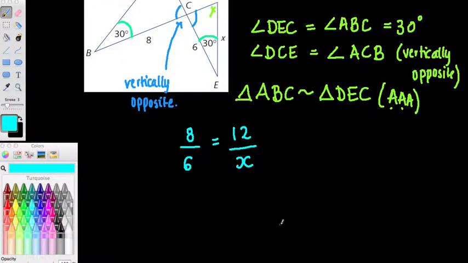Alright, what we want to do now is finish this off. What we can do is multiply both sides by 6. So let's do that now. That means 8 would be equal to 72 over x.